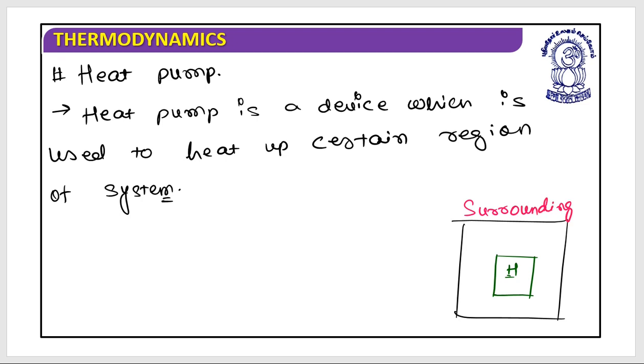This surrounding is, let's say, minus 10 degrees Celsius, and you want this room to be at a positive 5 degrees Celsius. So you need to absorb the colder energy, the cold waves, and dump it to the surrounding. I hope this is clear.